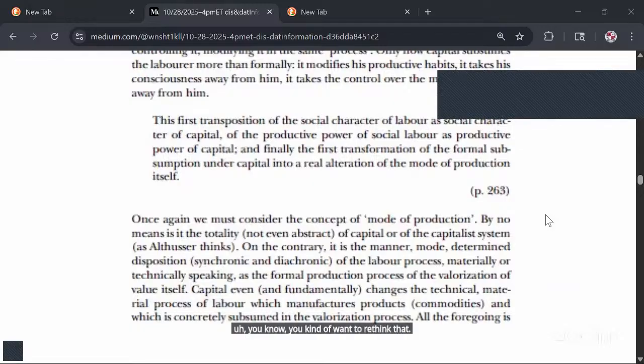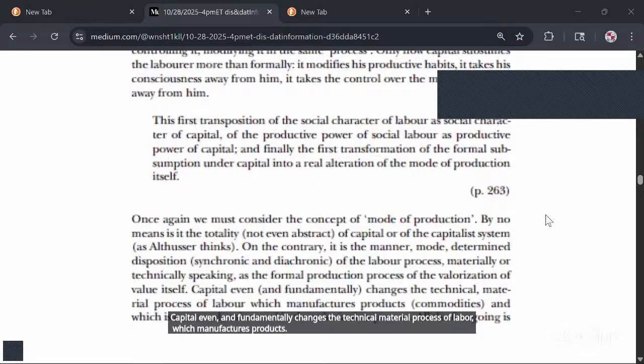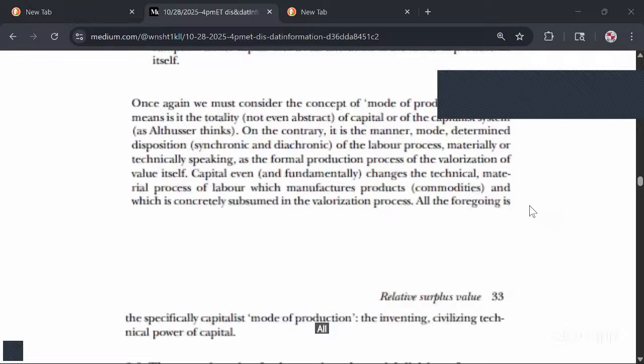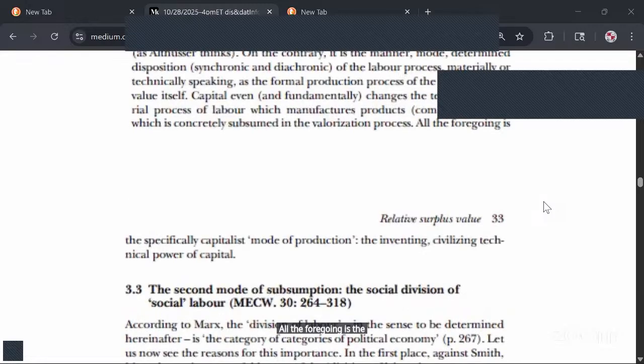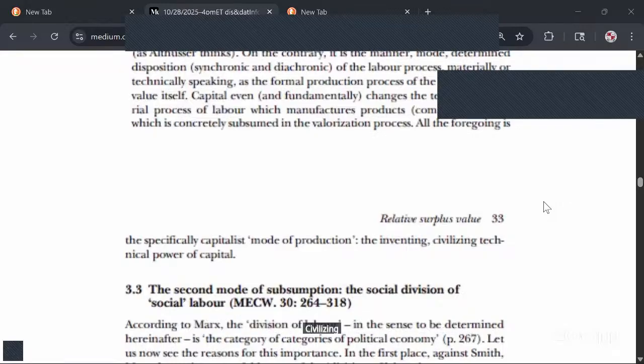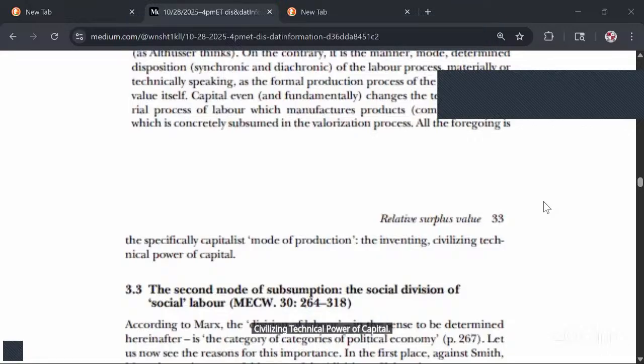Capital even and fundamentally changes the technical material process of labor, which manufactures products, commodities, and which is concretely subsumed in the valorization process. All the foregoing is the specifically capitalist mode of production. That is, the inventing, civilizing, technical power of capital as organic composition, I suppose.